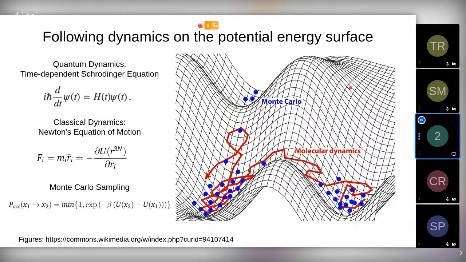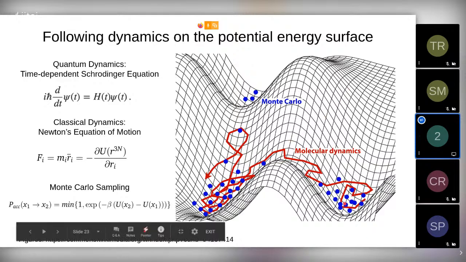To give a little more overview of the potential energy surface idea, as this is a key concept in computational chemistry, you might have seen pictures of reactant, product, and transition state and a barrier crossing event, something like that, which leads to going from the reactant to the product stage.